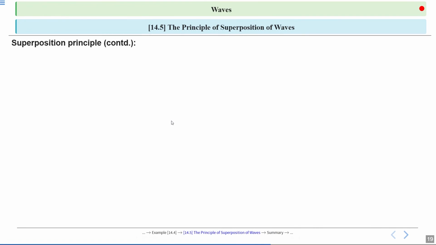Now, the resultant displacement as per the superposition principle, y of x,t is equal to y1 plus y2. This means if two waves pass through the same point, their effects just add together.